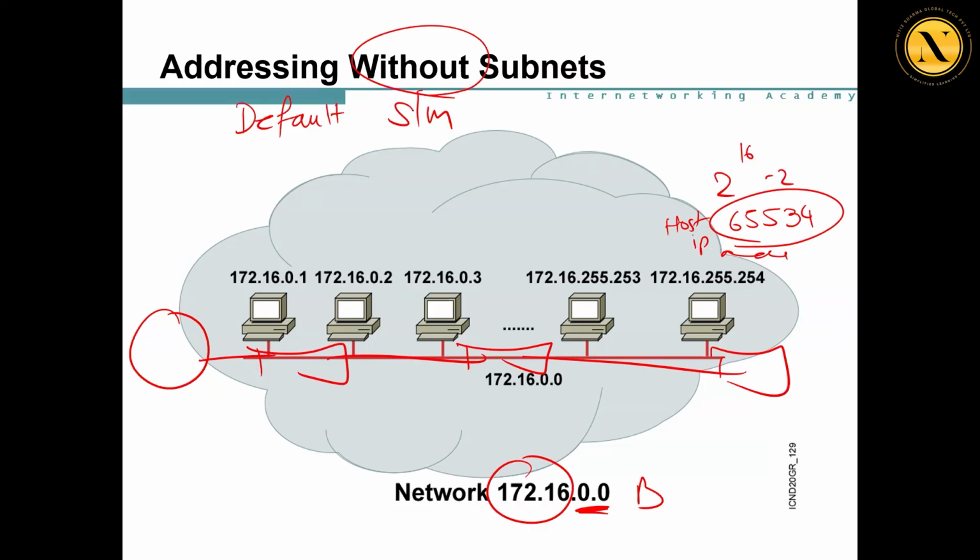So if you do this Boolean adding, 172.16.0.0 will be the network IP address. You can't use this. 172.16.255.255 will be the broadcast. You can't use this. First will be, last will be.